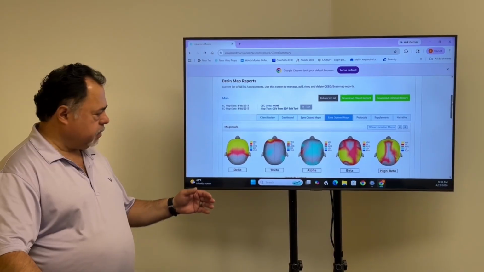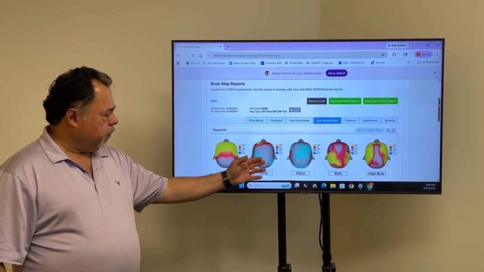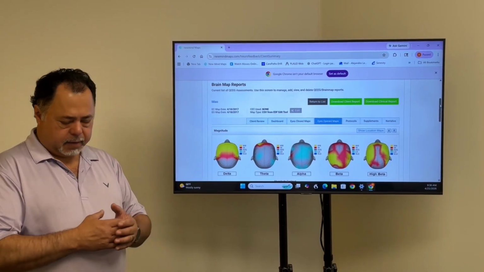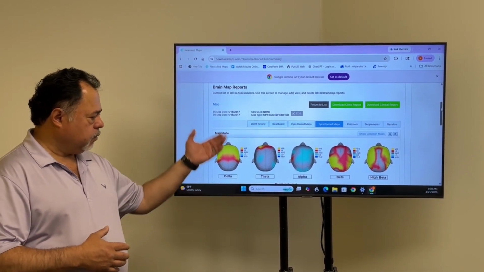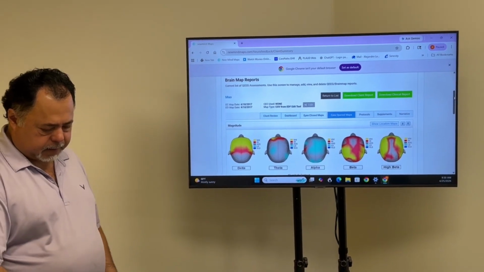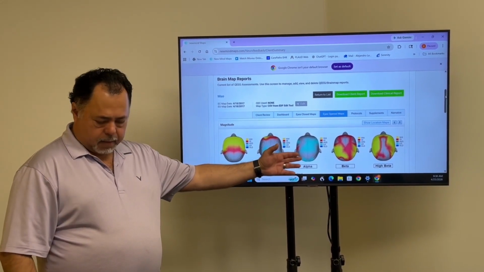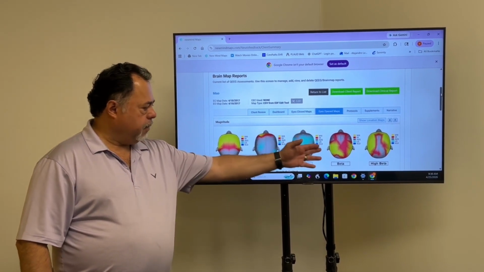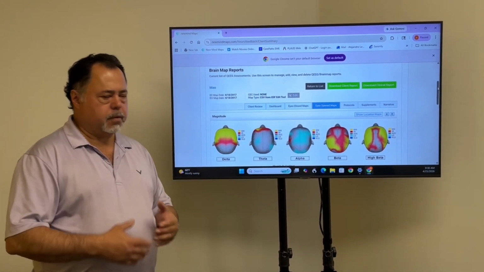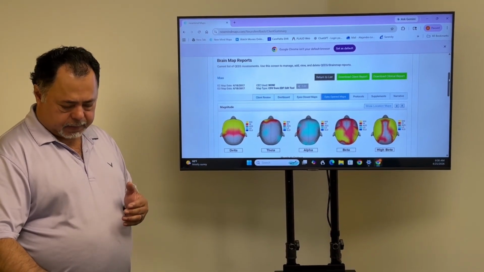Theta is about memory, concentration, and distractibility. We try to regulate those when we find them dysregulated. Beta is about healthy thinking and emotional processing, and when we have beta, we focus on improving it for concentration and emotional stability as well.